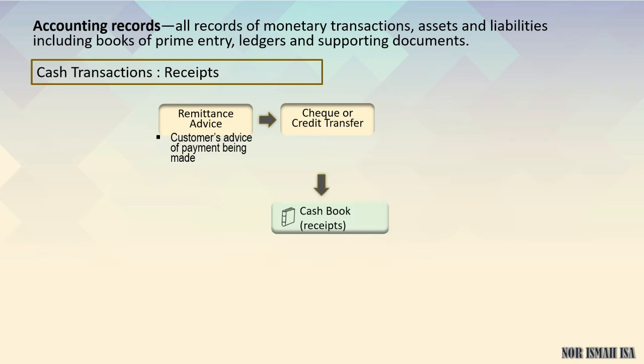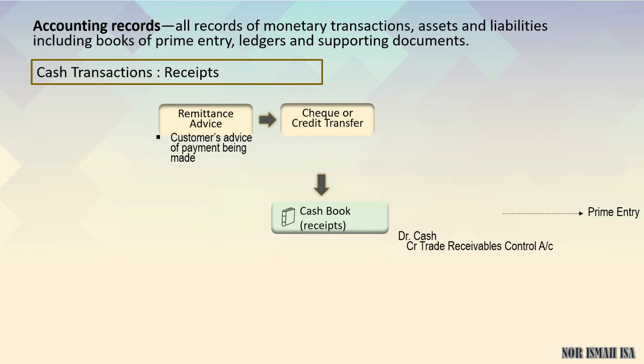And then if these have been received by the seller, the check or the amount transferred to the seller's account should be recorded in the cash book at the receipt part, and this cash book is a prime book of entry.